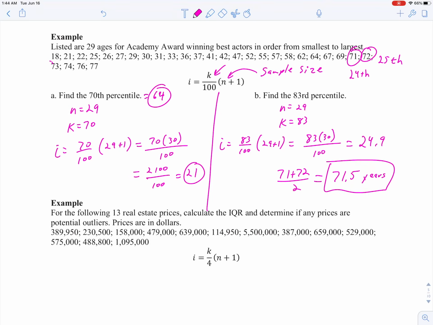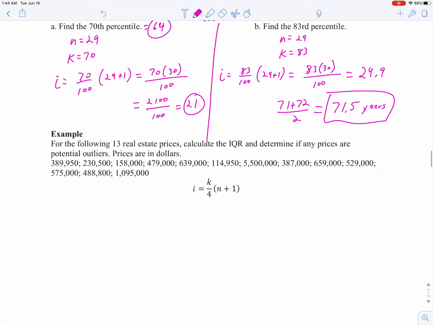And there we go. Even though it's not actually a value in the data set, 71.5 years is the 83rd percentile, because that value is going to be greater than or equal to 83% of all of these data points.